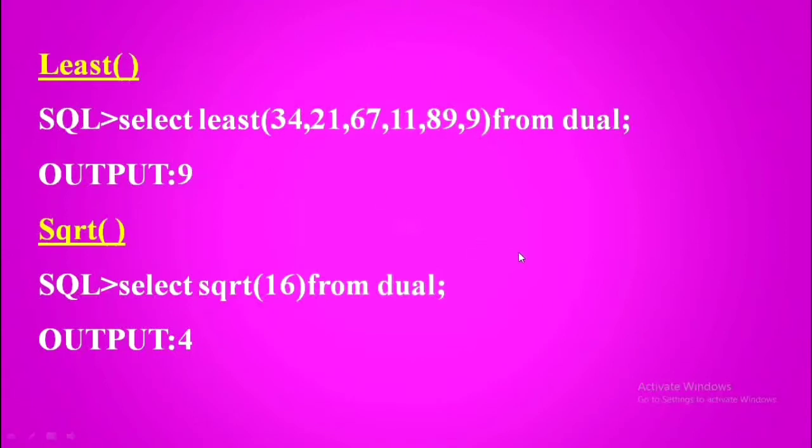Next, the square root function. The functionality of the square root function is to display the square root of the given number. This is the command: select square root of 16 from dual; The square root of 16 is 4. Output is 4.